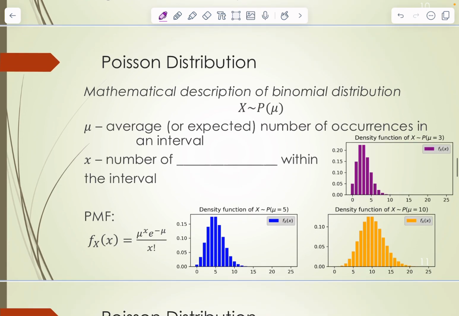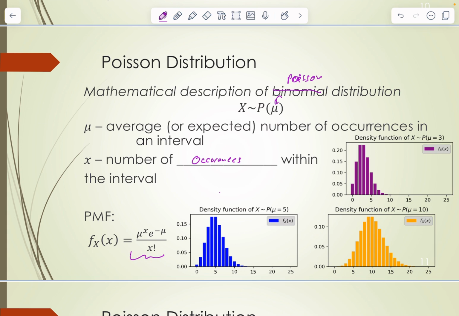Let's talk about the mathematical description of the Poisson. The Poisson distribution has one parameter, mu, the average or expected number of occurrences in an interval. X is the number of occurrences within a particular interval, you might say. The probability mass function is a little bit easier than the binomial distribution.